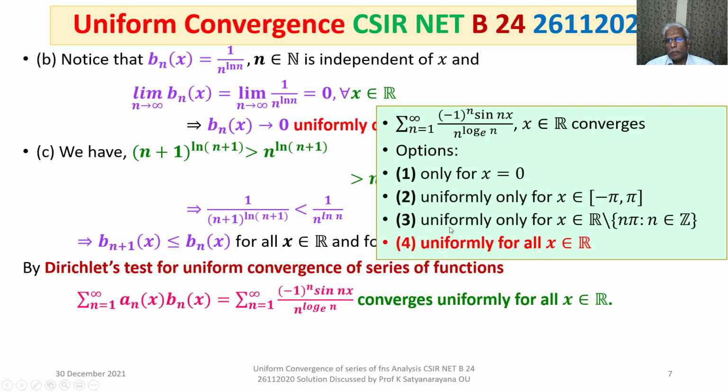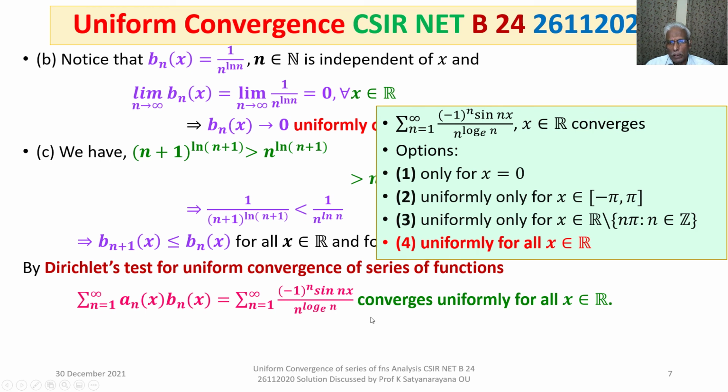And option 3 is also not true because it says it holds for all x belongs to R other than the set consisting of n pi, n belongs to Z, whereas it converges uniformly for all x belongs to R.